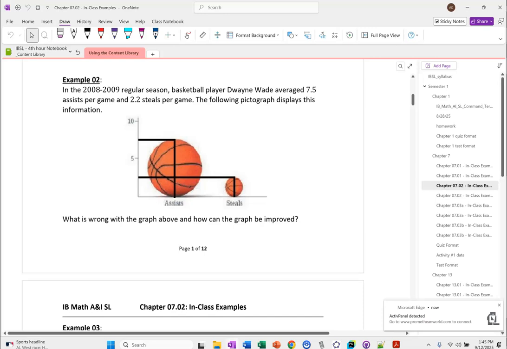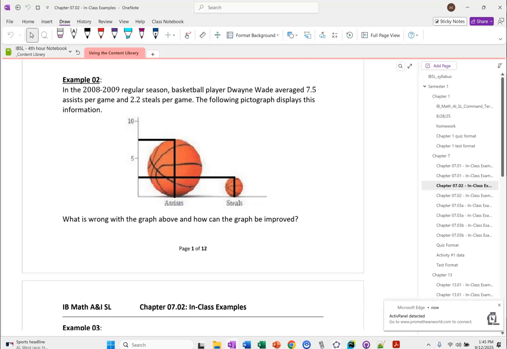Good. In the 2008-09 regular season, basketball player Dwayne Wade averaged 7.5 assists per game and 2.2 steals per game. The following pictogram displays this information. What's wrong with the graph above and how could it be improved? Not clear. Why do you say it's not clear? It's hard to tell which bars are which because they're overlapping and because it's hard to see through the basket.